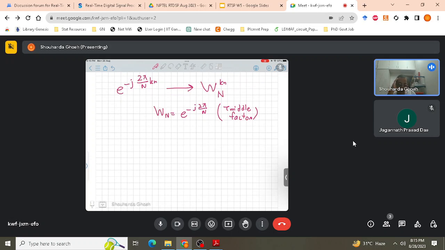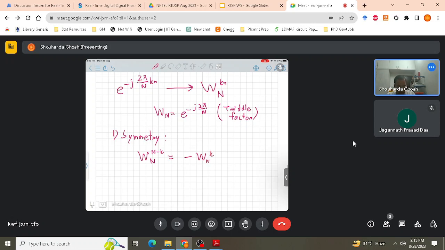So an important property to remember is about symmetry. What happens in symmetry? Omega n of k is equal to n minus k is minus omega n of k.